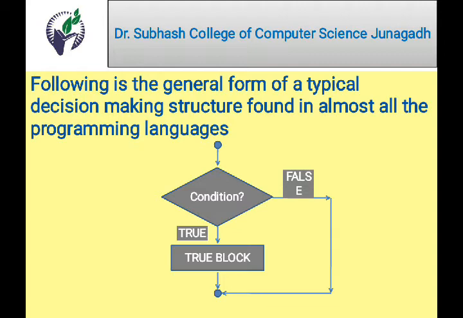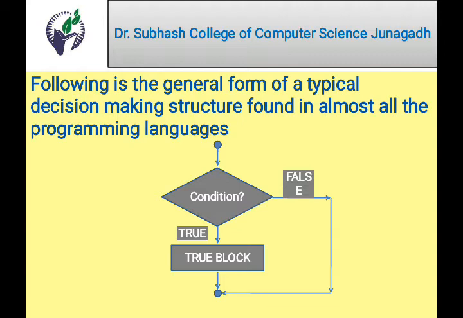This is a general form for decision making. Based on what we require we can write here, but it is in general form. If true, this part; if false, this part. And again, if you want to make some decision for false, we require to write here the false block.